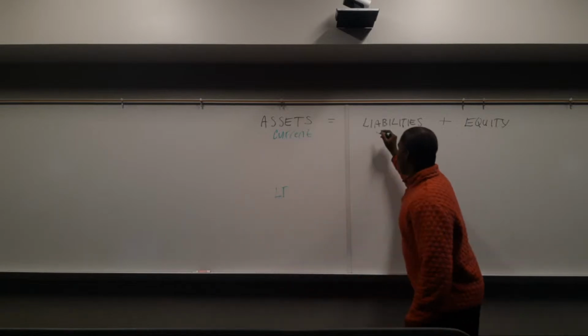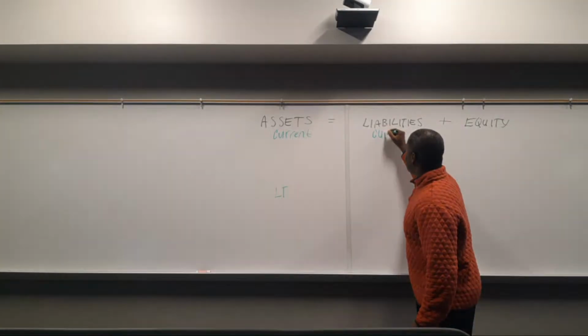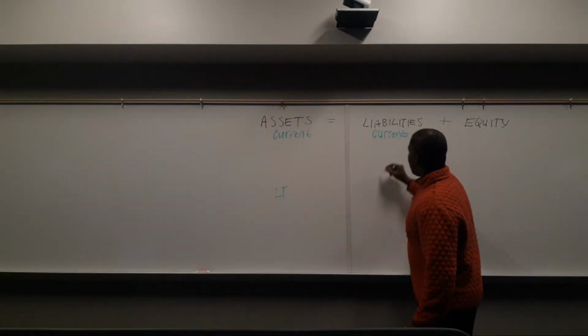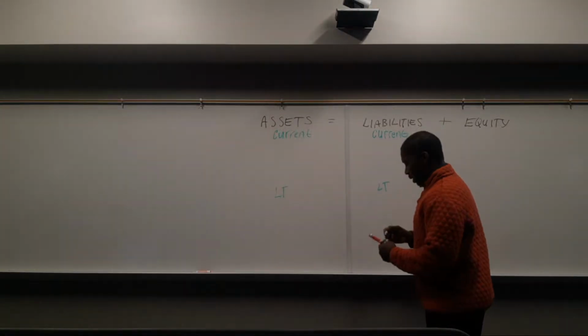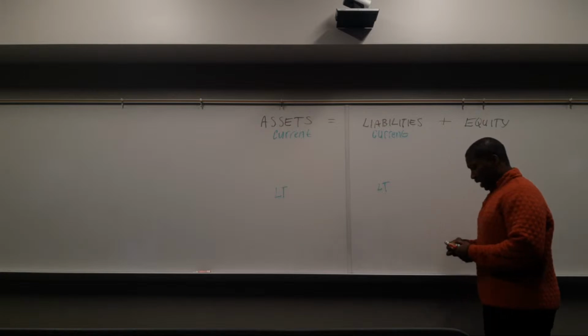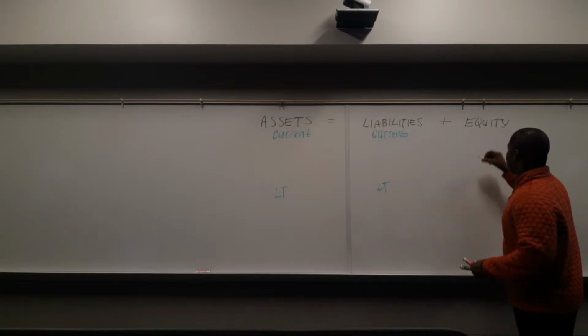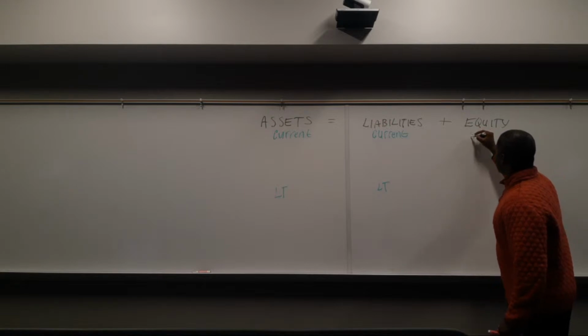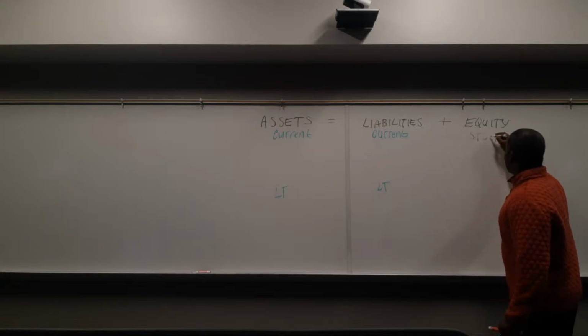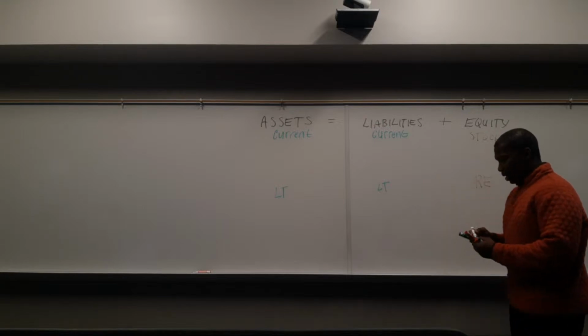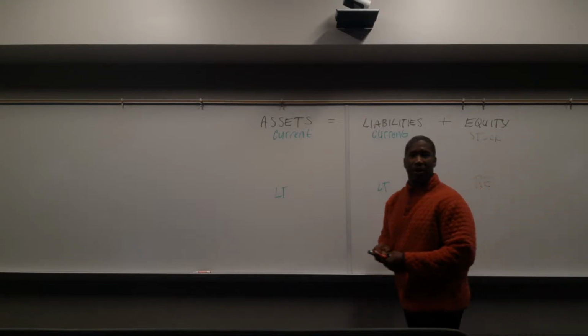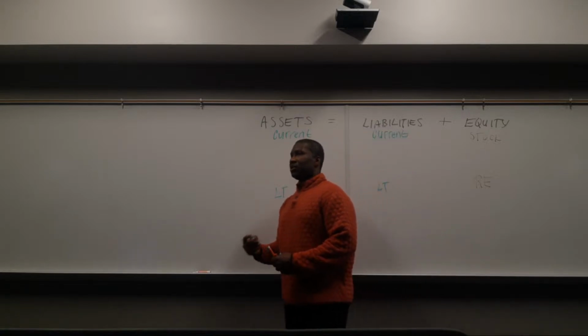We also have the same categories over here for liabilities, current and long term. And finally, over here in the equity, we have common stock and retained earnings. The only reason I'm putting stock is because later on we're going to talk about a different type of stock that's going to be included in there. And just remember that stock is ownership.